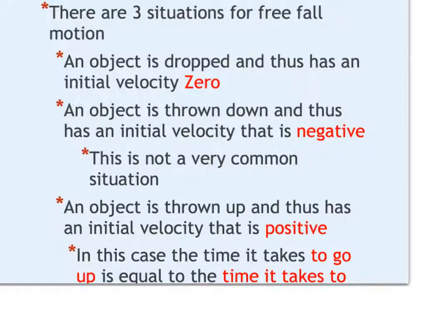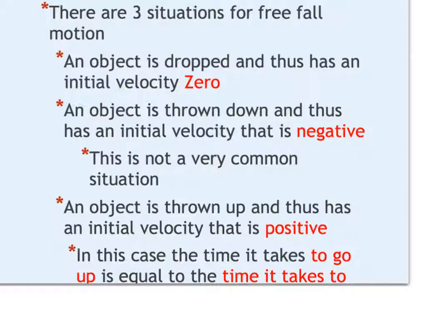This isn't a very common case, though. If we do look at these kinds of situations, they will sometimes require using the quadratic formula to solve them. So you may see one occasionally, but it won't be the more common form of situation that we look at.